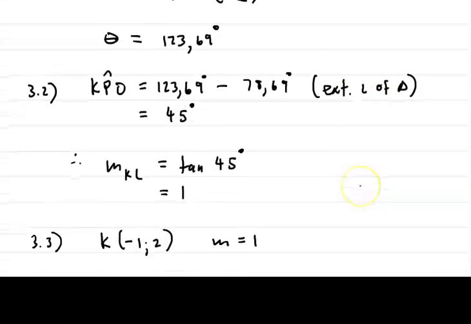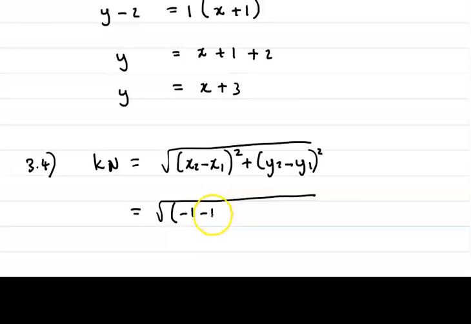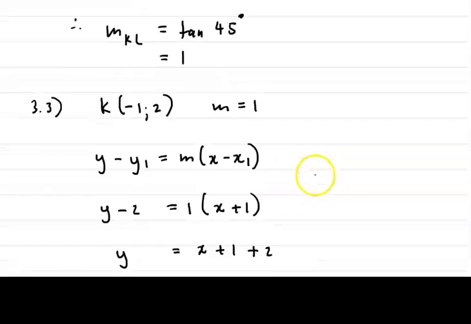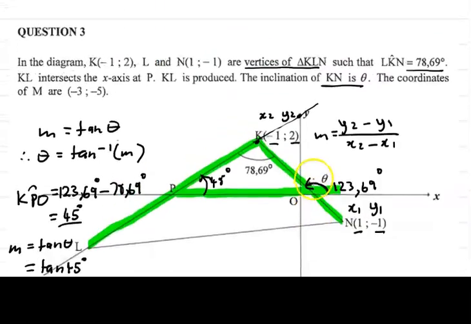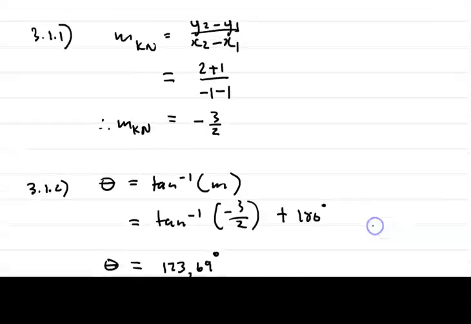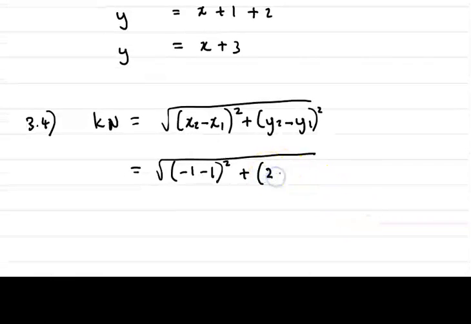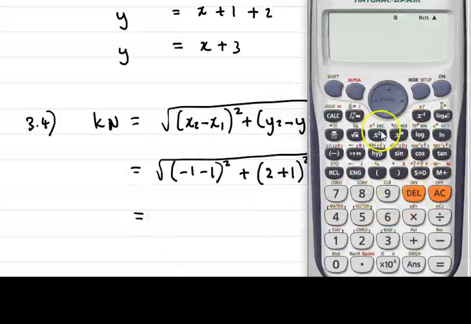Let's substitute. Minus 1 all squared plus y2 minus y1 will be 2 minus minus 1, which is 2 plus 1. Remember, minus times a minus is a plus. Let's put that in our calculator.